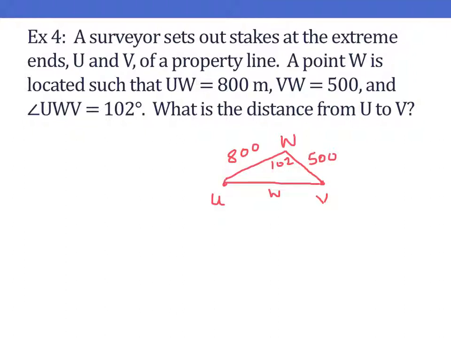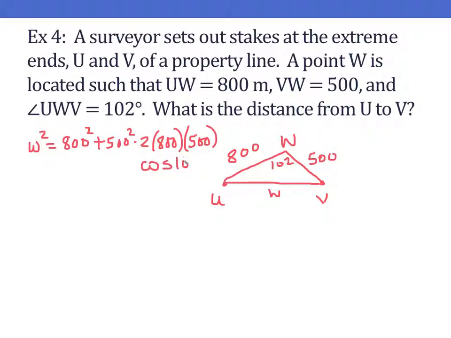Okay, and this fits the model for the law of cosines because we know the opposite angle from the side that we're looking for, which is really convenient. So we're going to put all of this in our formula, like so. And maybe I ran out of room. I'm going to write it beneath, even though it's pretty bad form.